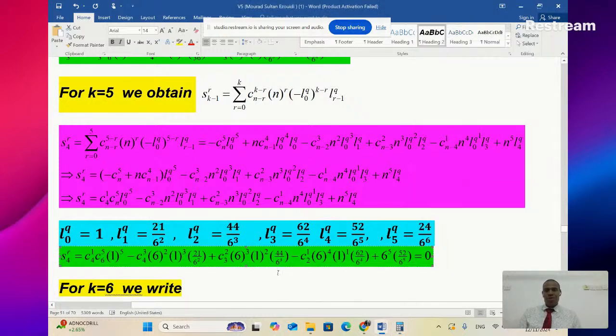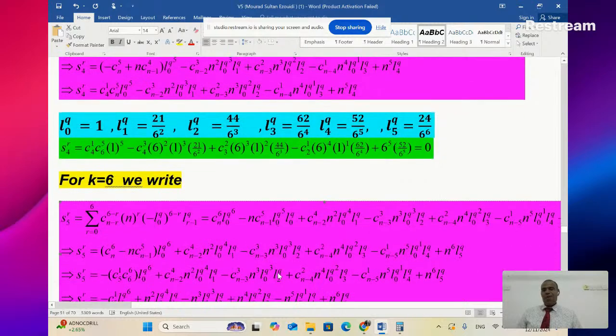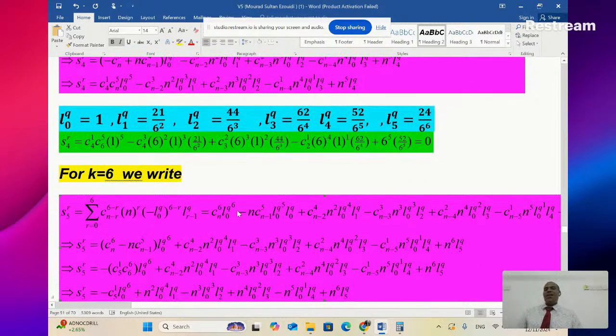I will make a jump. I want to find the last part, which is S5.